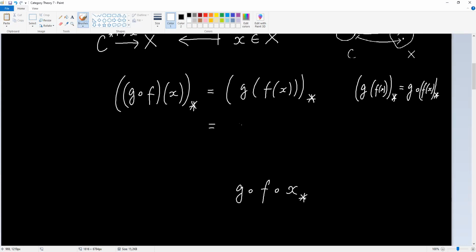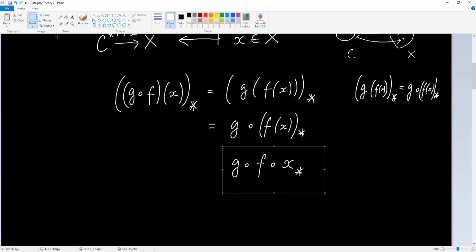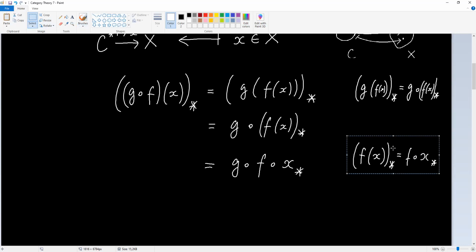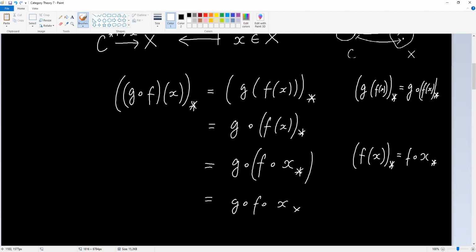Then I get that this is equal to g composed with f of x seen as a morphism. And then I apply the formula again, this time for the original formula with the f there, inside here. This will, of course, give me these brackets, but then because of associativity of composition, I can just write it without the brackets.